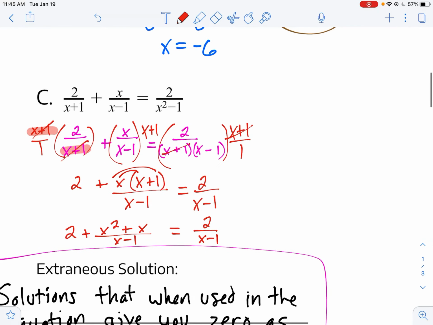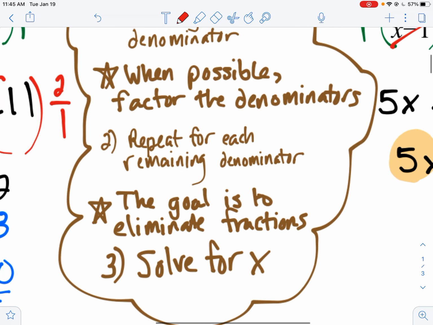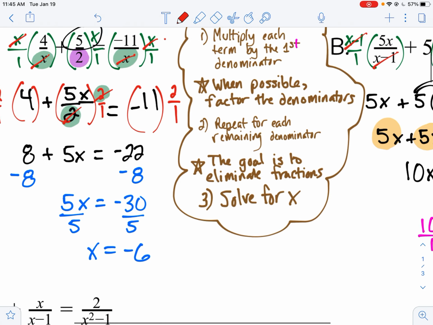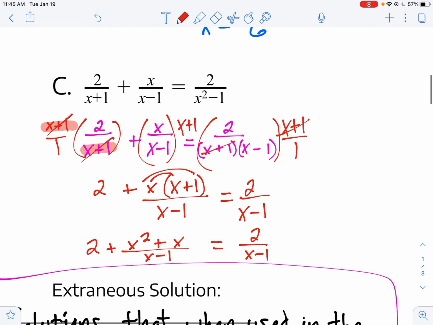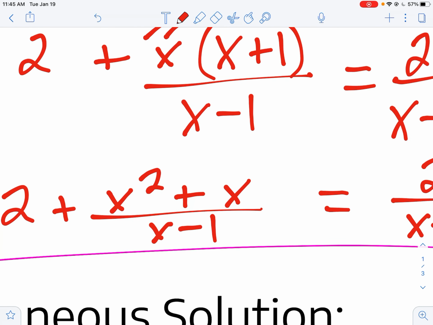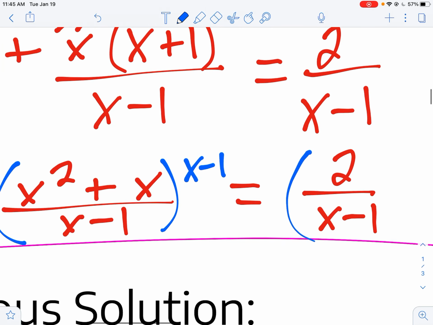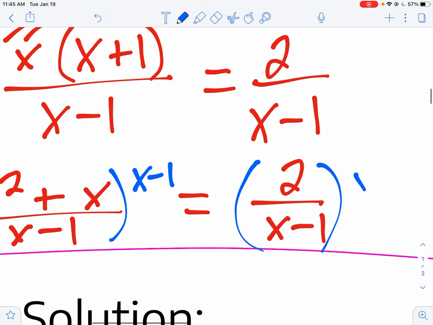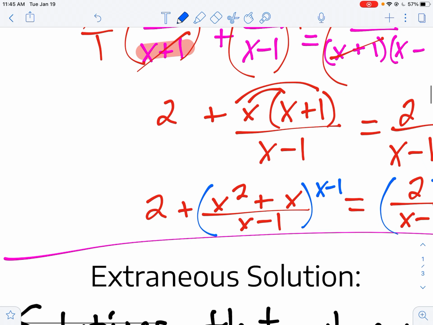My next step here says repeat for each remaining denominator, which means multiply by whatever denominators I have left. Here I have x minus 1, so now I'm going to multiply everything by x minus 1. Remember, that doesn't just happen to the terms that have x minus 1 in the denominator. I got to do it to every term here, so I'm going to do that.